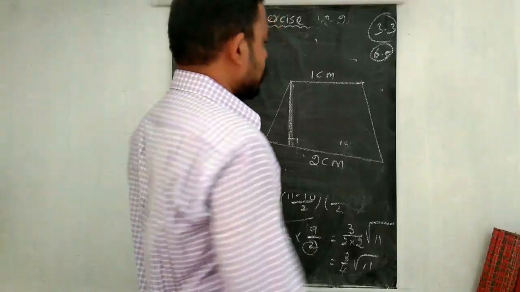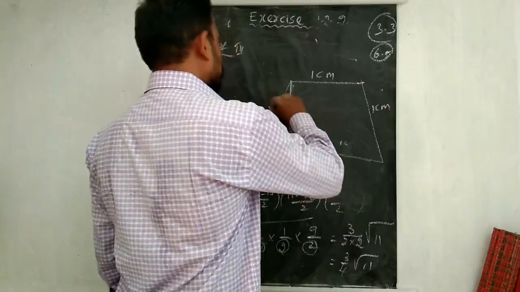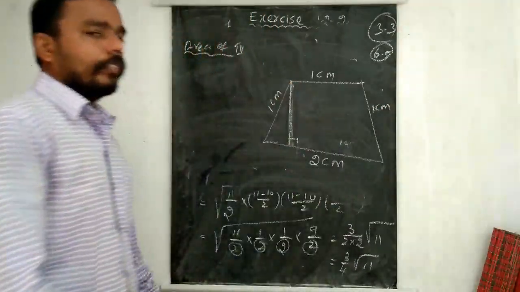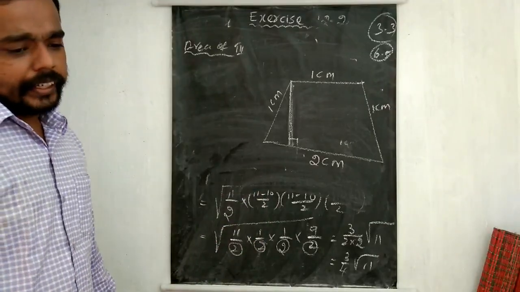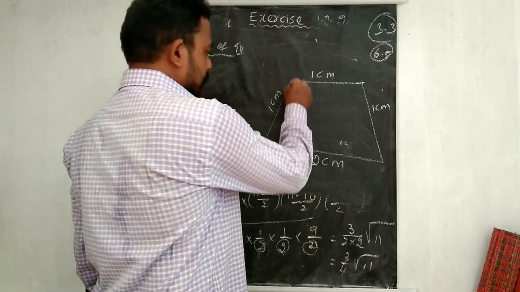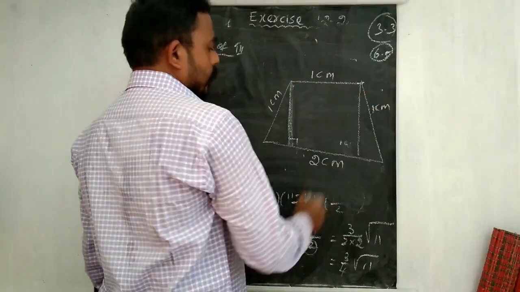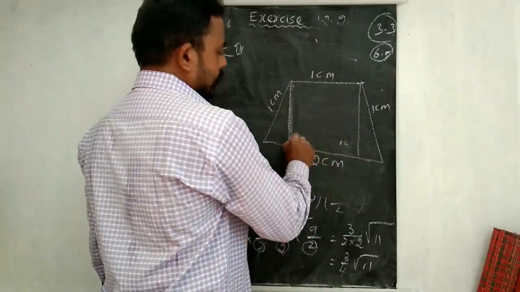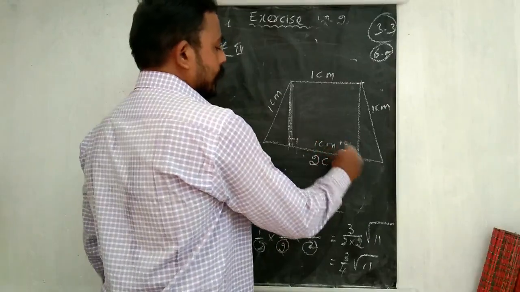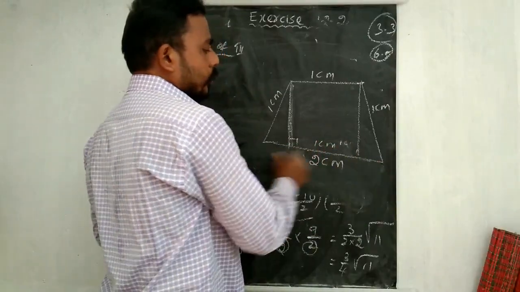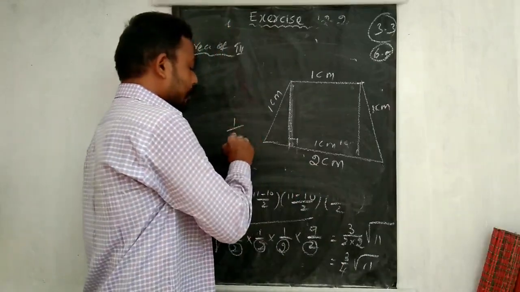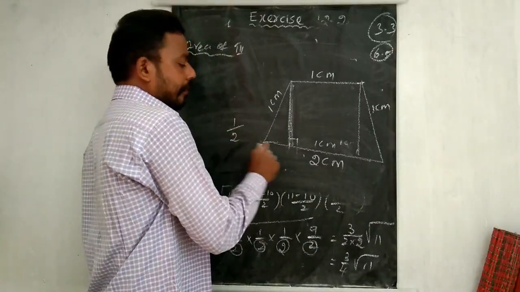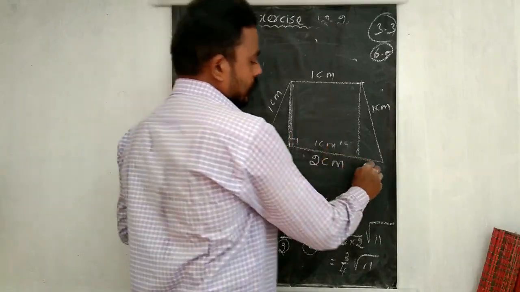Its sides are also 1 centimeter given. This is also 1 centimeter given. Here in between, this is 1 centimeter, the remaining is split into 2 parts equally. So I divide 1 by 2, that is 0.5. So this is 0.5, this is also 0.5.